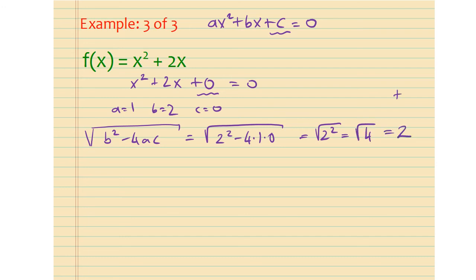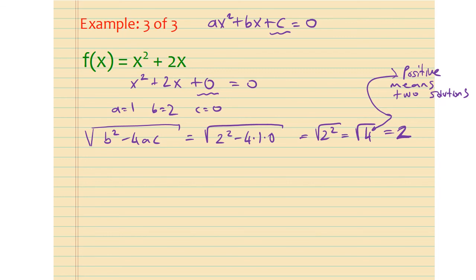So we will have two solutions. Now we will have two solutions not because we have found 2 at the end in here, it's because this is positive. This is positive, means two solutions.